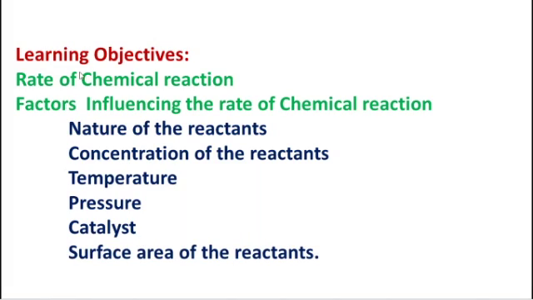Today's topic. Learning objectives: rate of chemical reaction, and factors influencing the rate of the chemical reaction: nature of the reactants, concentration of the reactants, temperature, pressure, catalyst, and surface area of the reactants.